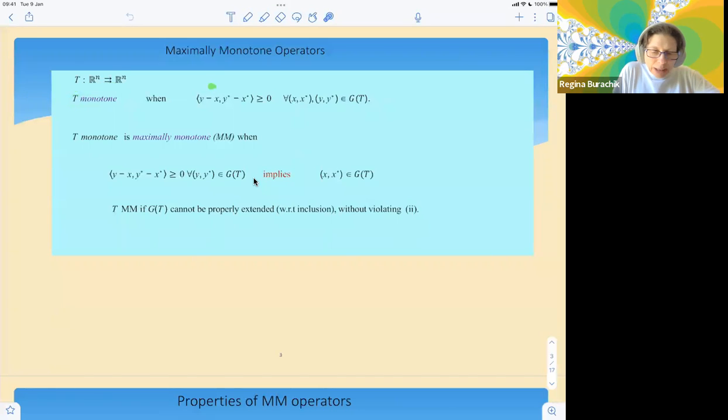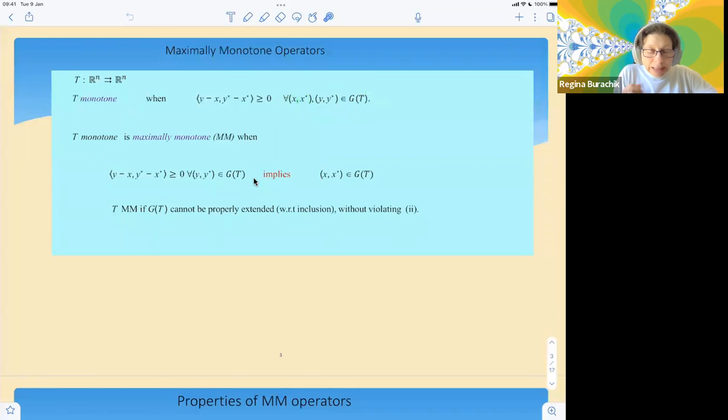So this means that when you take the difference between two elements in the domain and you multiply them, using the scalar product, by the corresponding increment in the codomain. So here, y star should be in T of y, and x star should be in T of x. So these are pairs in the graph. Then this product should be nonnegative.